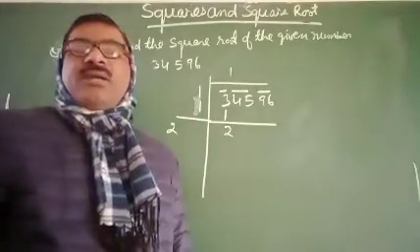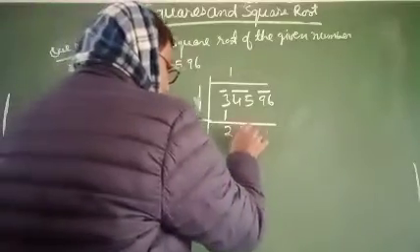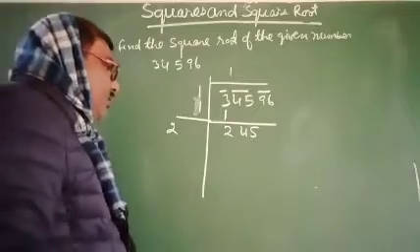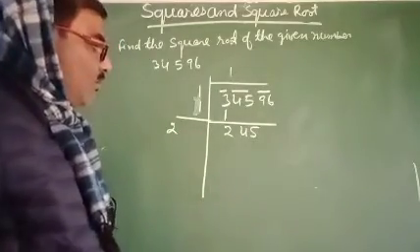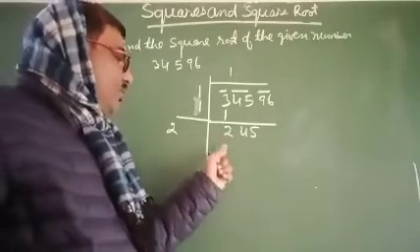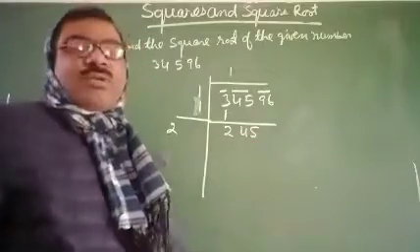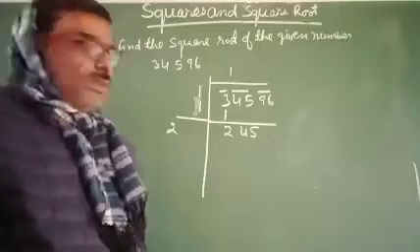Now I will write the second period 45, and I will write here a number which, multiplied by itself, may be equal to 245 or just less than 245.